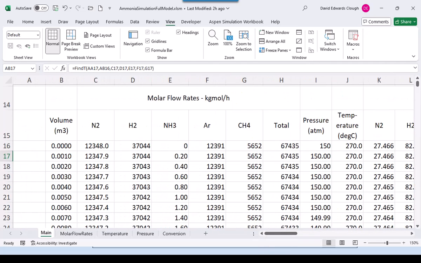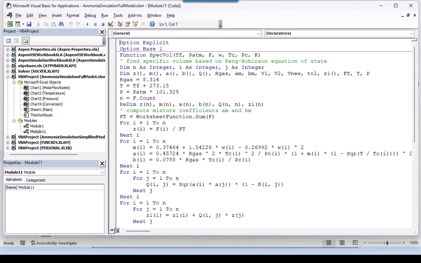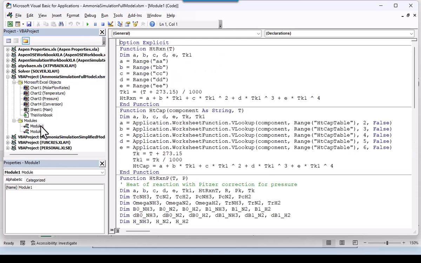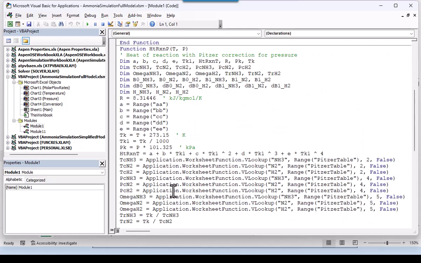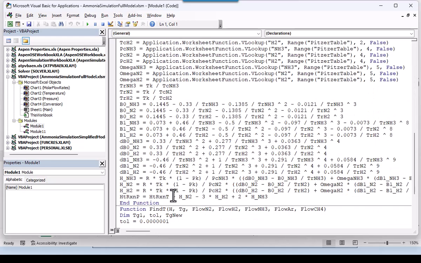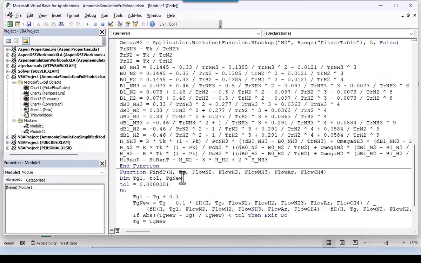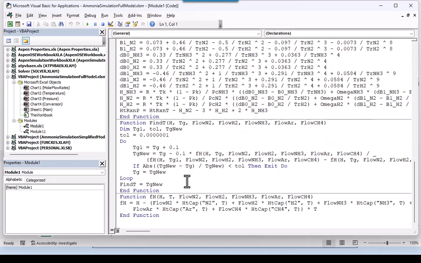Now if we go over to VBA, get the full model. The first module has the same relationships that we had before, all right? But then it has the find T function down here, and the find T function solves the enthalpy balance for the correct temperature.